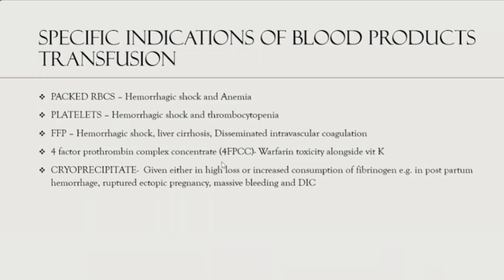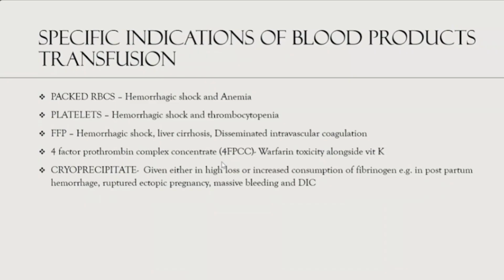So also in anemias, we give packed red blood cells. Platelets are also given in thrombocytopenias. Then fresh frozen plasma is given in liver cirrhosis and also DIC, disseminated intravascular coagulation. Then the 4-factor prothrombin complex concentrate is given in warfarin toxicity, and you give it alongside vitamin K.